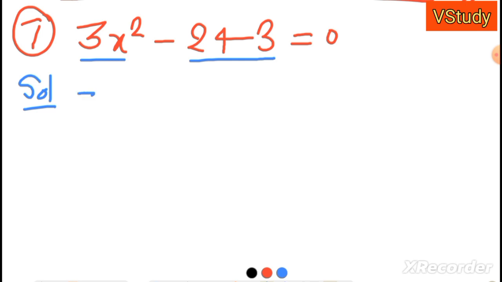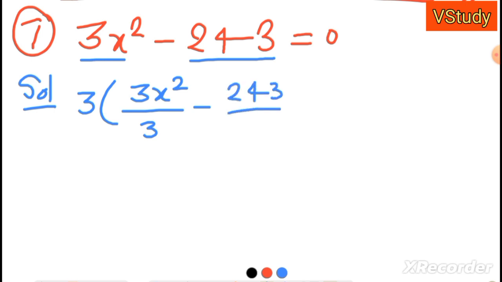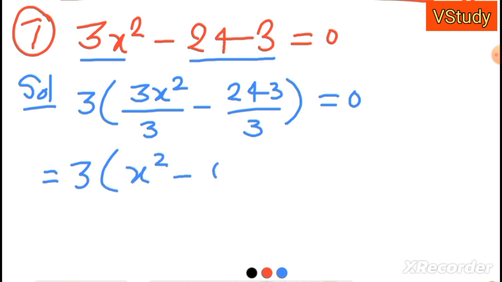Here 3 is common in both terms, so 3x square will be divided by 3 and 243 will also be divided by 3 is equal to 0. Now after calculating this, we have x square minus 81, since 81 times 3 is equal to 243, is equal to 0.